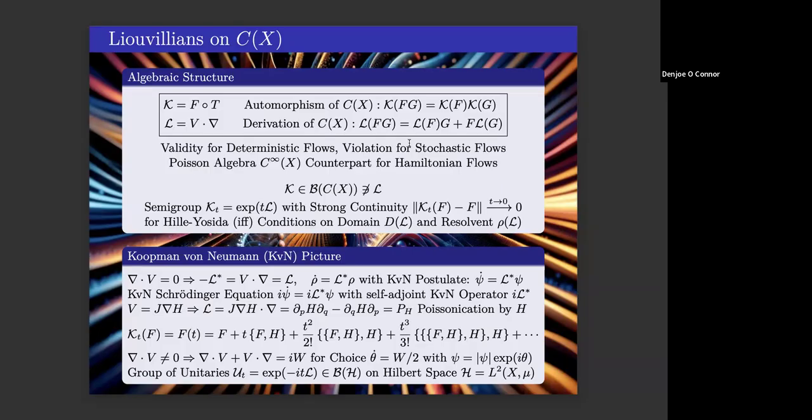look at this Liouvillian, and this gives us basically a Schrödinger equation in this commutative setting, where you now have the Koopman wave function, and the time evolution is generated by the adjoint of this Liouvillian.